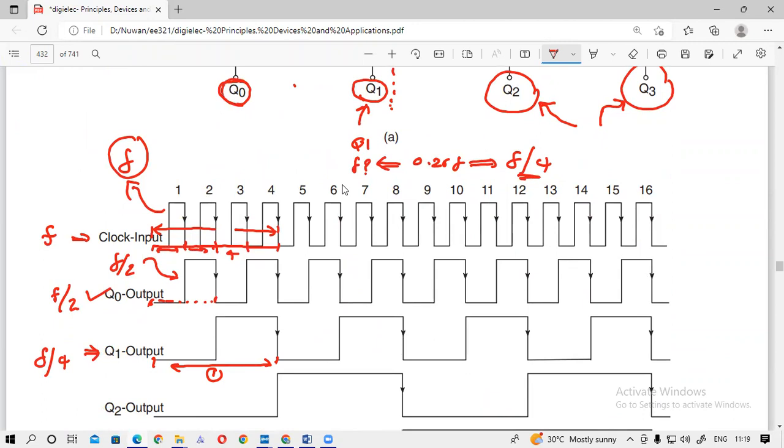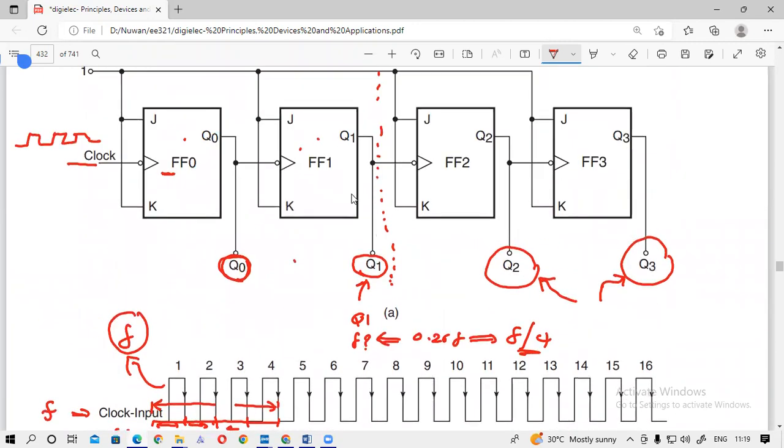So this output will be the clock signal here, and only the frequency is changed. And the input clock signal to the next flip-flop will be the output of Q1. That is the only difference.